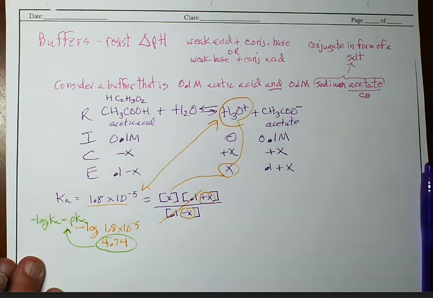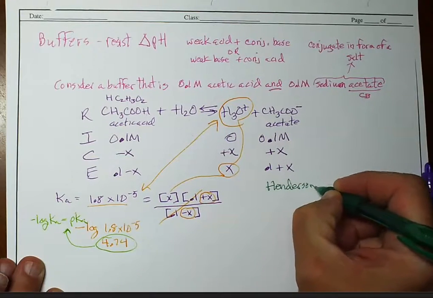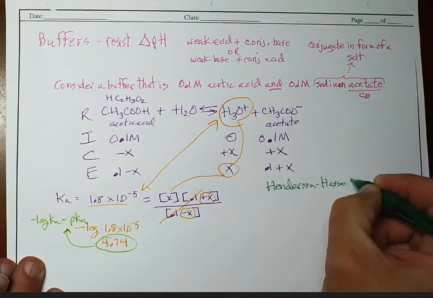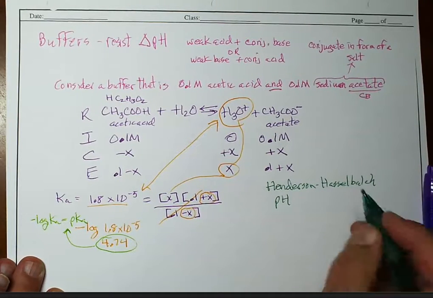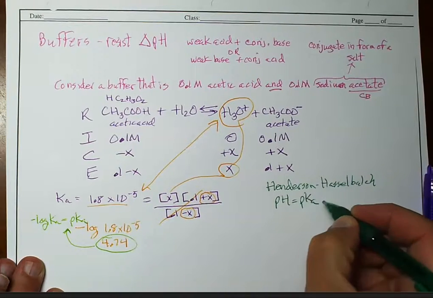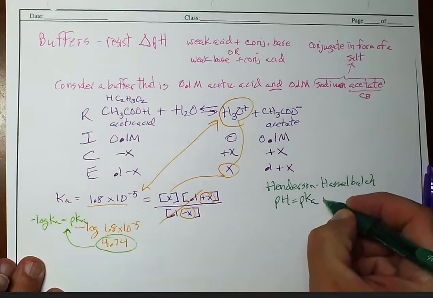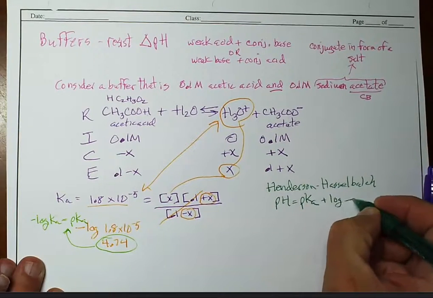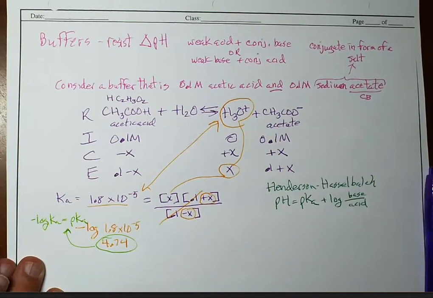So that brings up something we've seen before, and that is the Henderson-Hasselbalch equation, which says that the pH of a buffer equals the pKa of the acid in that buffer plus the log of the base to acid ratio.